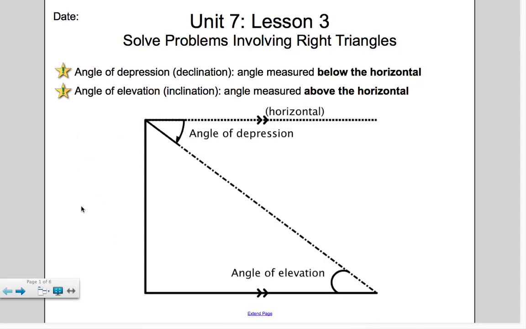Okay, so here's a diagram to illustrate the difference between the two. When we think of angle of depression, depression usually means down. Like if you're depressed, you're feeling down, right?